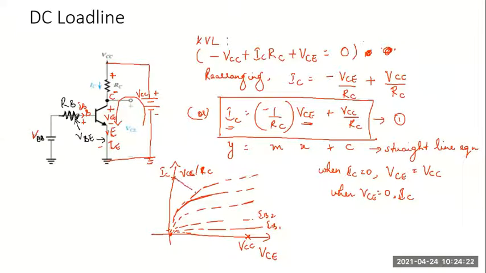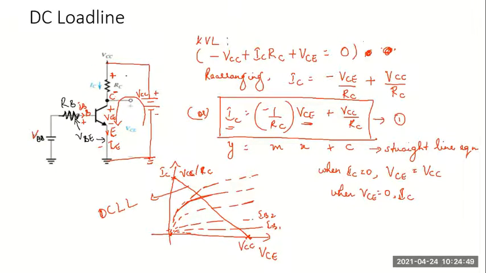Now, if I just join these 2 points, I'm going to get the straight line, which we have represented in equation 1. And this straight line is called the DC load line. Can anybody tell me why the name load line? DC, all of you can understand because we are operating only with DC voltages. Why the name load line?